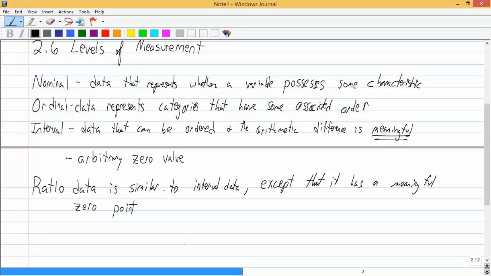And the ratio of 2 data points is meaningful. All right, so things like adding, subtracting, multiplying, and dividing are operations that we normally do at the ratio level. And we do have a natural 0 starting point.